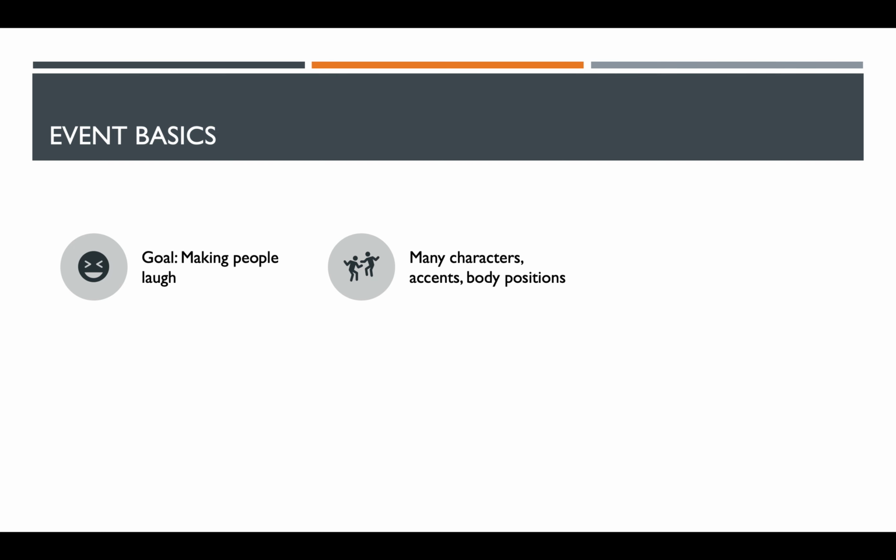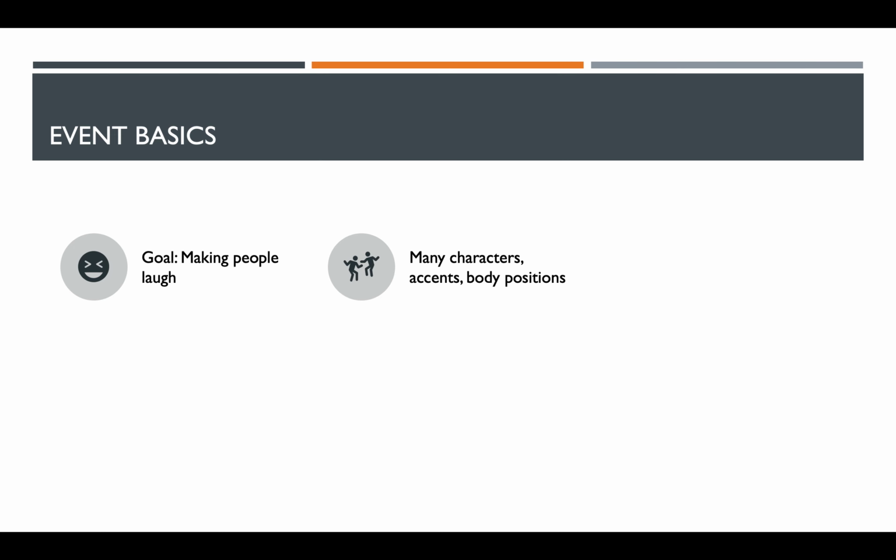The first is to have many different characters, accents, and body positions. Each character should have a unique accent and a unique body position. The reason you want more characters in your speech is that you are able to better show off your creativity and skill.